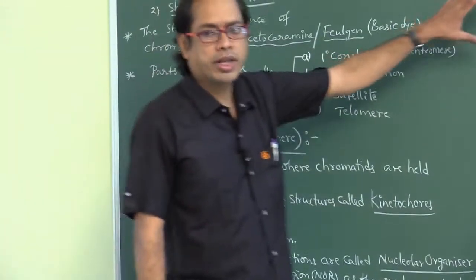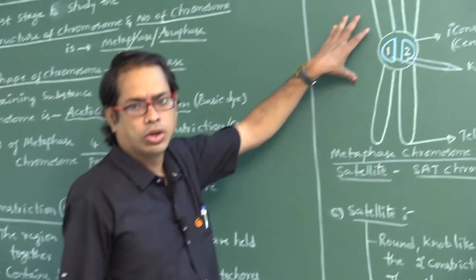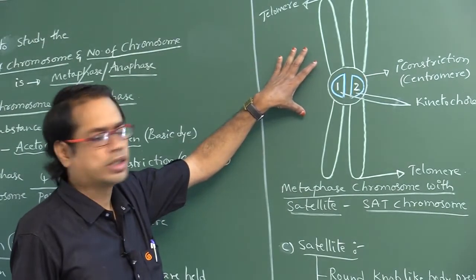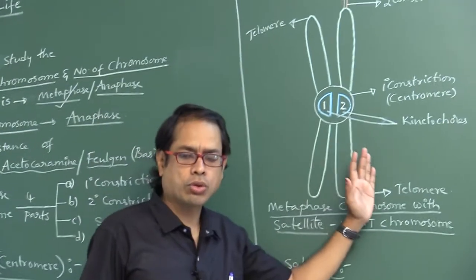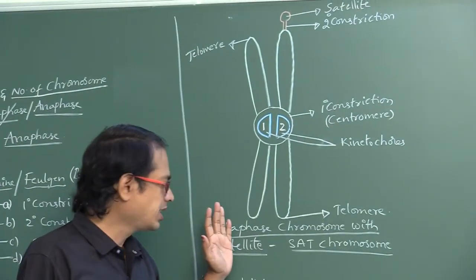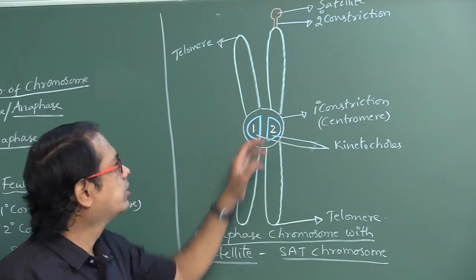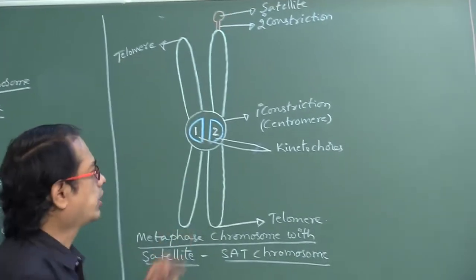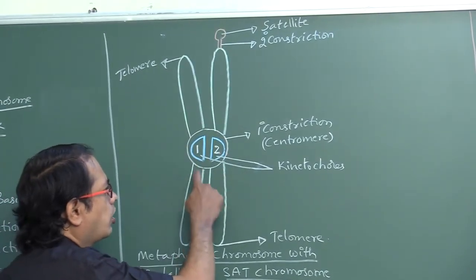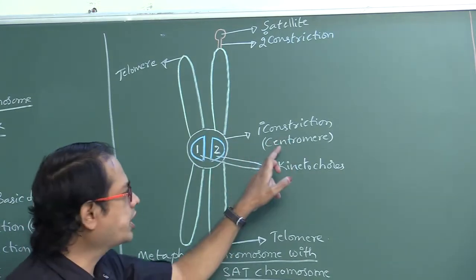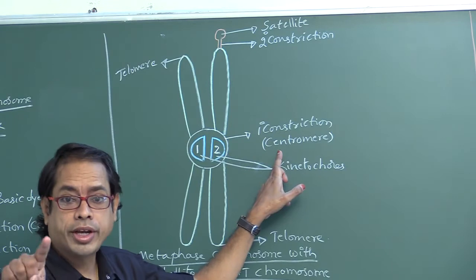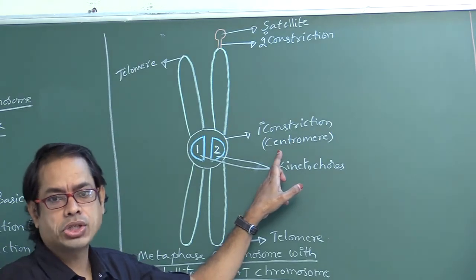If you look here, my dear students, this is the diagram of a metaphase chromosome showing the satellite. This is the satellite part. This is the centromere, also called primary constriction. Don't say centrosome. Centrosome is different.